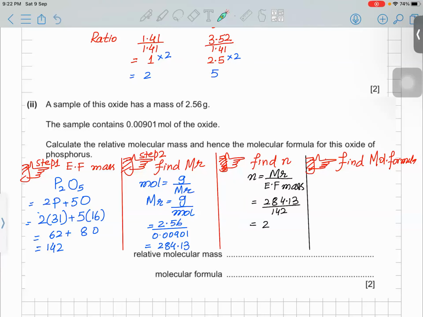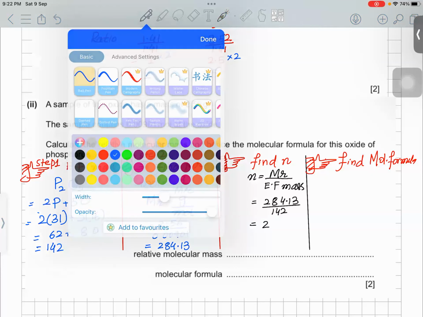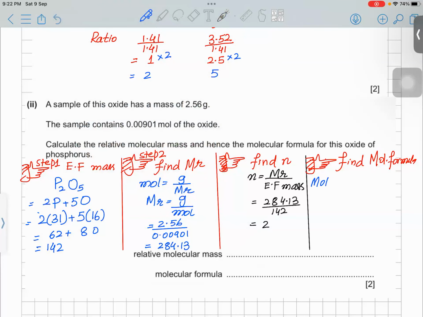Find molecular formula. Molecular formula is equal to empirical formula multiplied by N. Empirical formula is P2O5, N is 2.